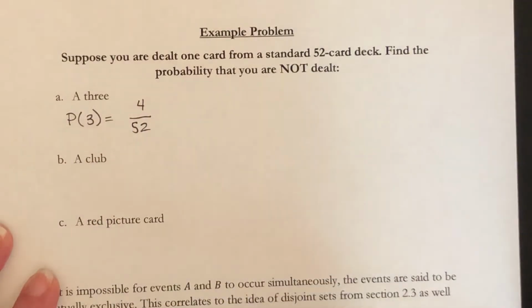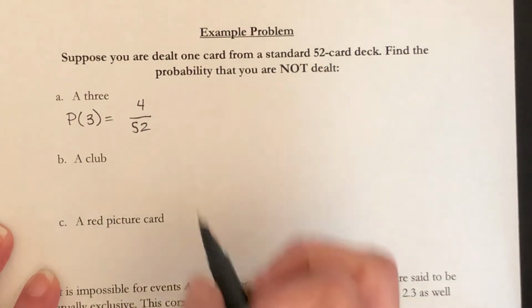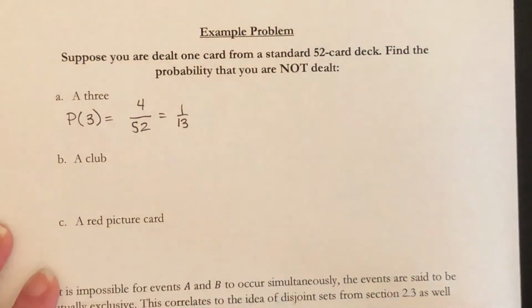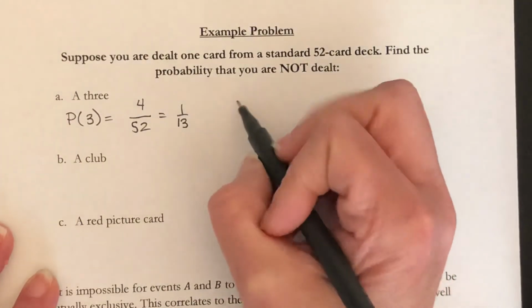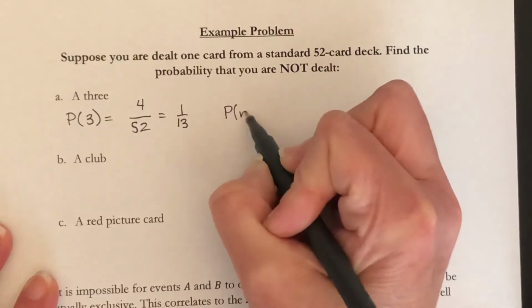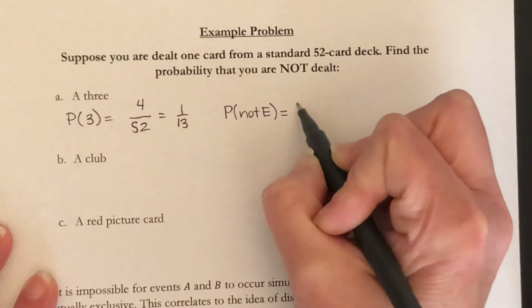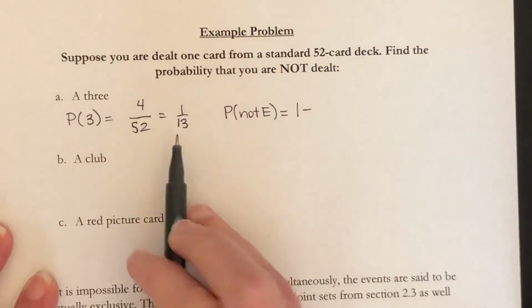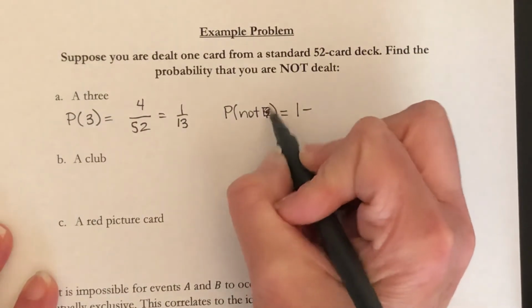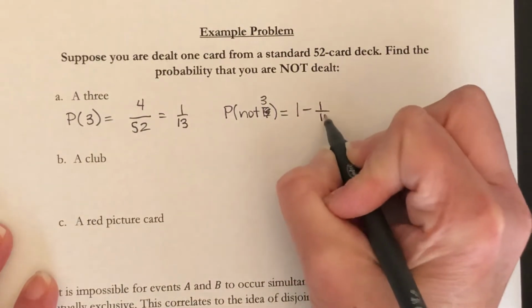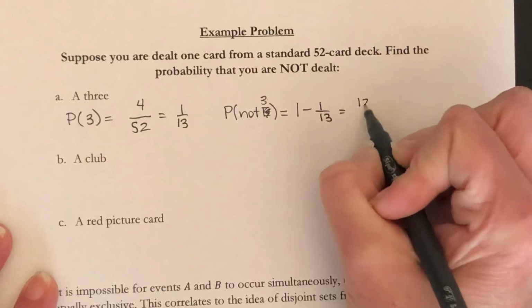So the probability of that would be 4 over 52, which reduces to 1/13. Okay, so the probability of not E would be 1 minus the probability that it does occur. Not E, I meant to write 3 here, not 3. So this would be 1 minus 1 over 13, which would be 12 over 13.